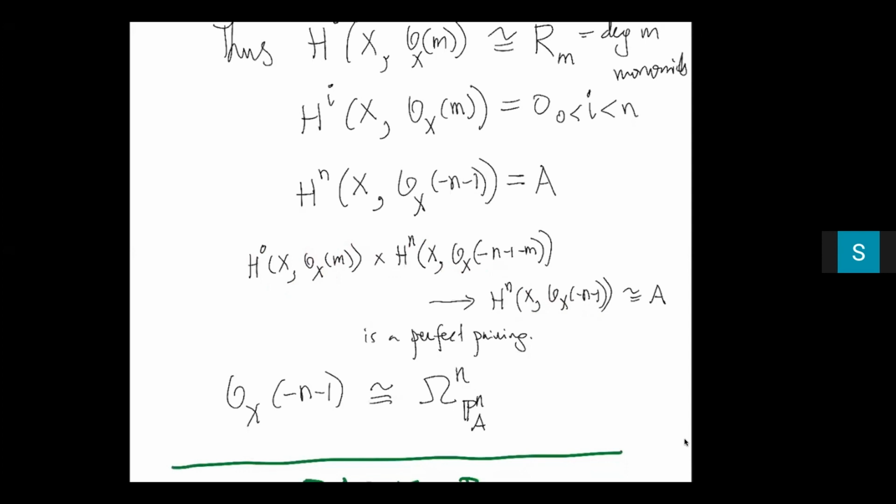You can map a direct sum of various copies of this onto it, and using a sufficiently long resolution of F by these, you can in fact show that you have the same kind of pairing for any coherent sheaf F here.